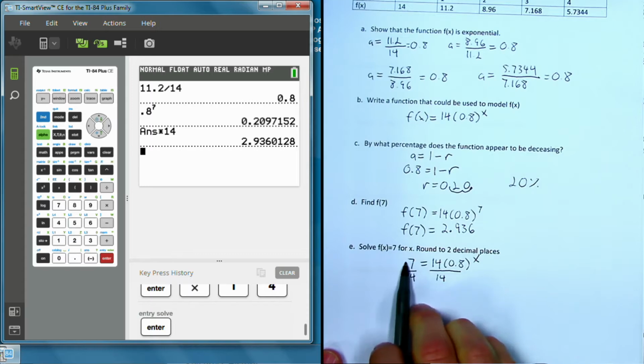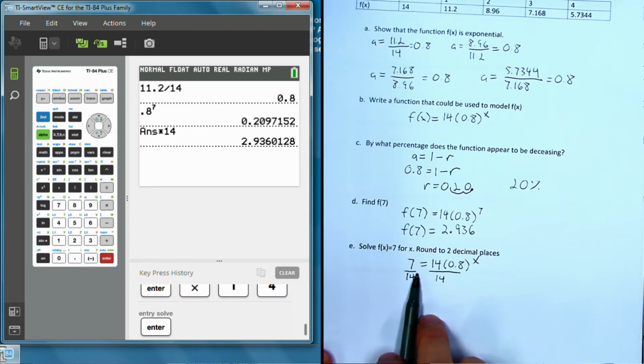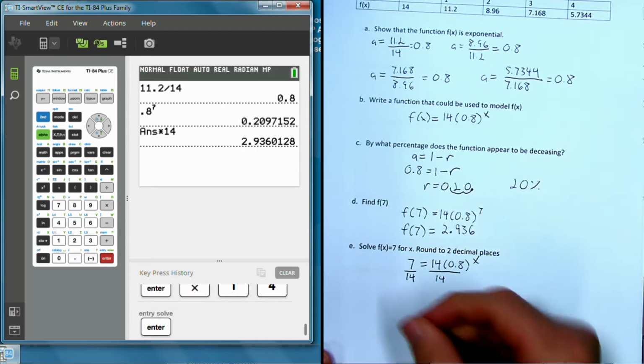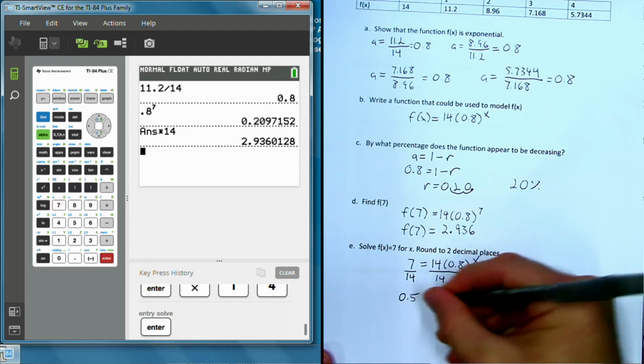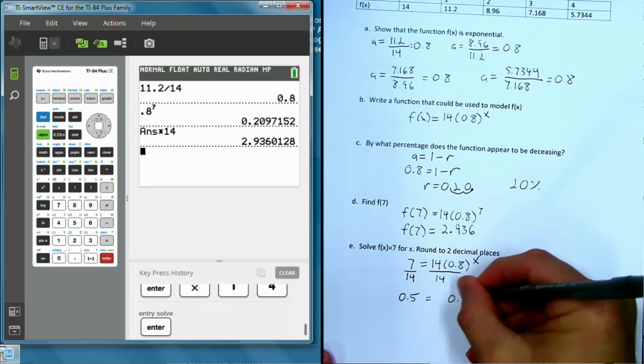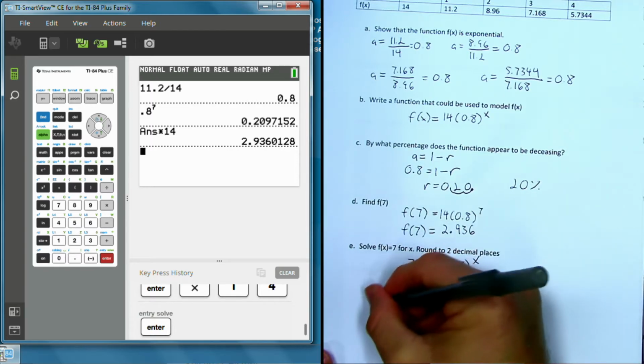Now this is nice. 7 divided by 14 reduces pretty straightforwardly to 1/2 or 0.5. If you're using logarithms, you don't necessarily have to do that. But since it does here, we'll go ahead and say that that's 0.5 equals 0.8 to the x. Now we can use our log properties.